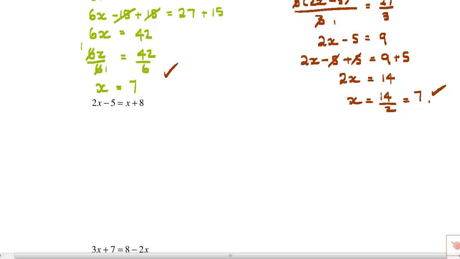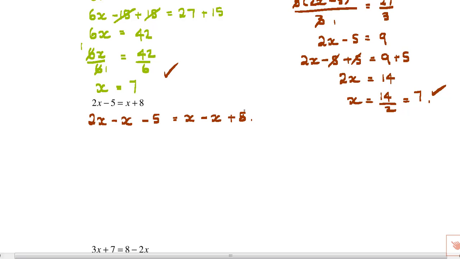So what I'm going to do in this one is get rid of the x on the right hand side. Let's do that first. So if we subtract x from both sides of the equation, the left hand side becomes 2x minus x minus 5 equals x minus x plus 8, sorry, that's an 8, isn't it, on the right hand side.